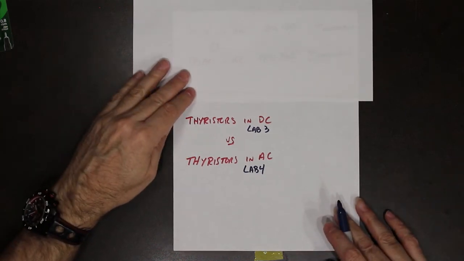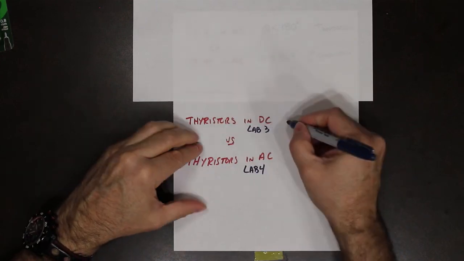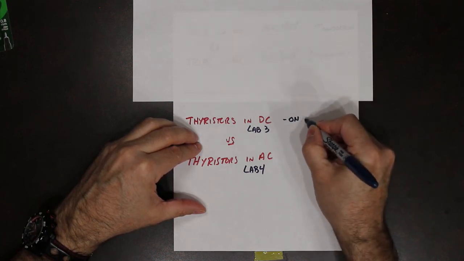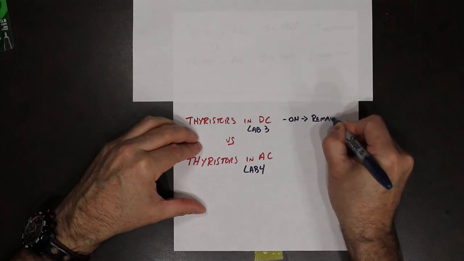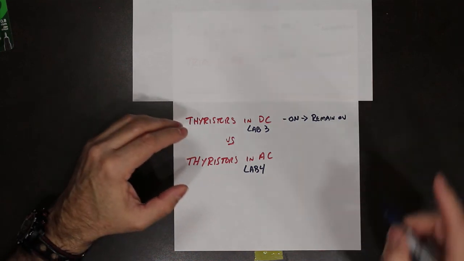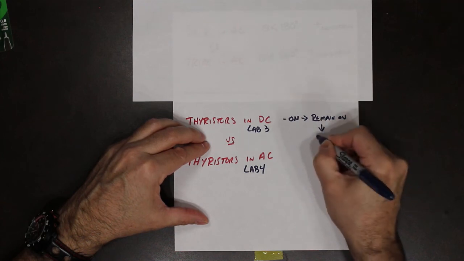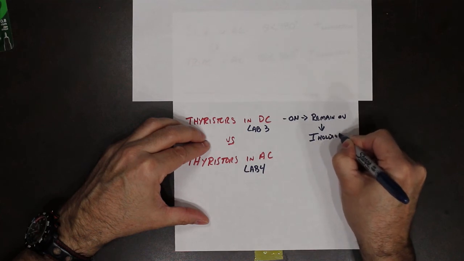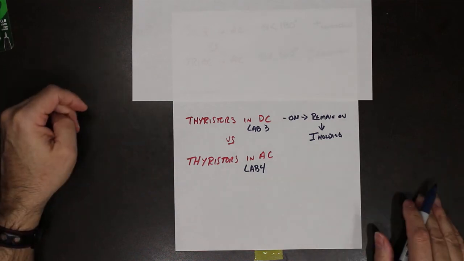Well, the big difference is when a thyristor is in DC, once you turn it on, it will remain on until such a time as you stop the current from flowing. So you've got that holding current issue. So you have to stop that from flowing. So you have to open up the switch or whatever.